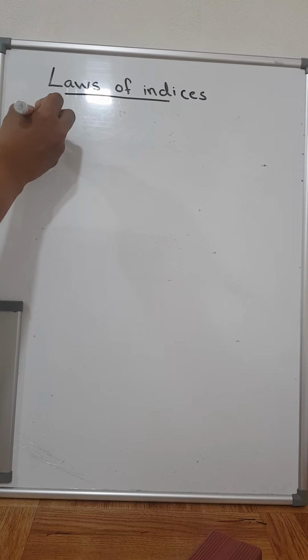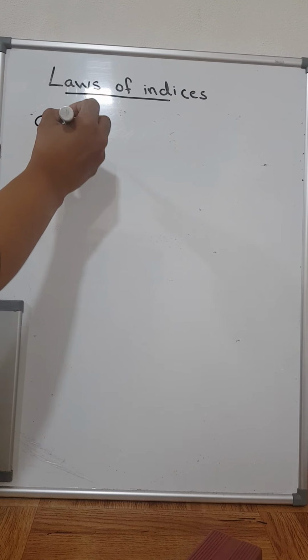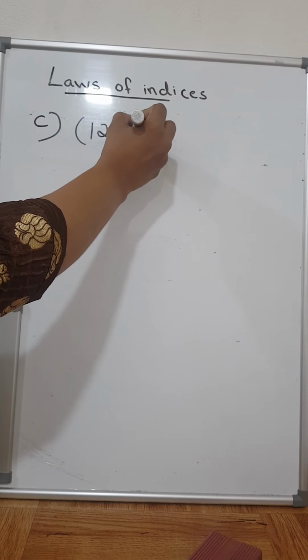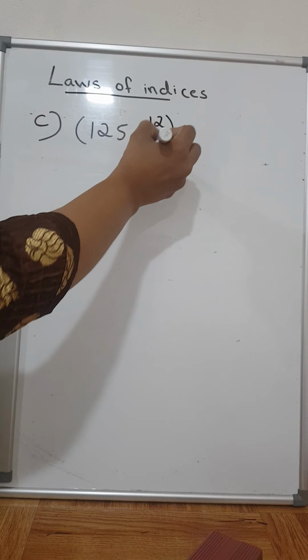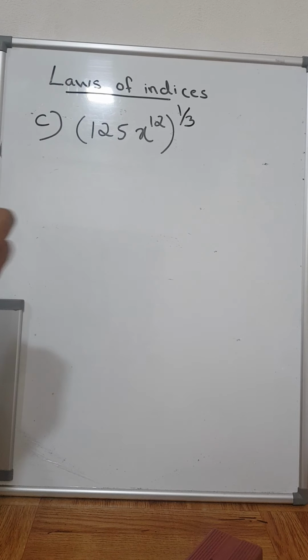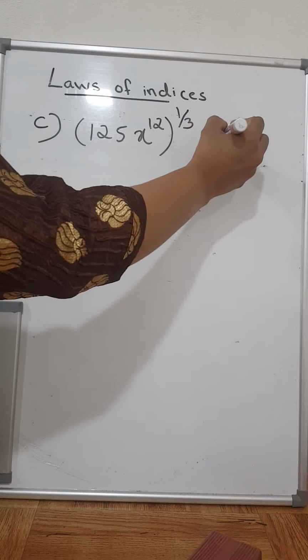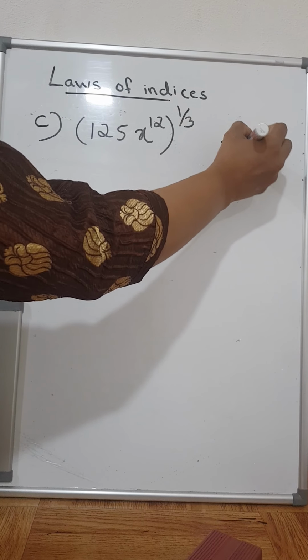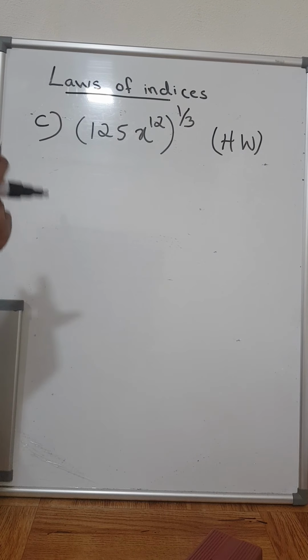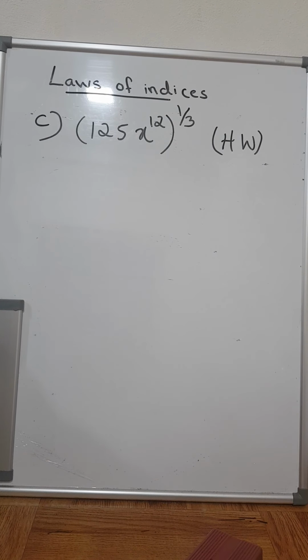Now we'll see question number C. 125 x to the power 12, whole to the power 1 by 3. This is same as question number 3A. So I'll give it to you as a homework. We will see how much you like these kinds of problems.